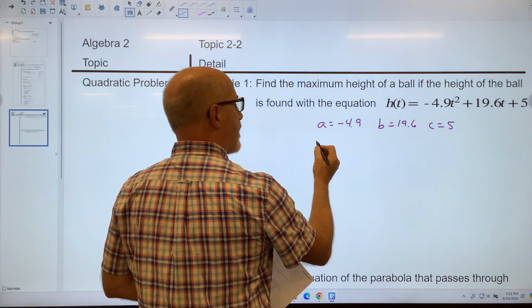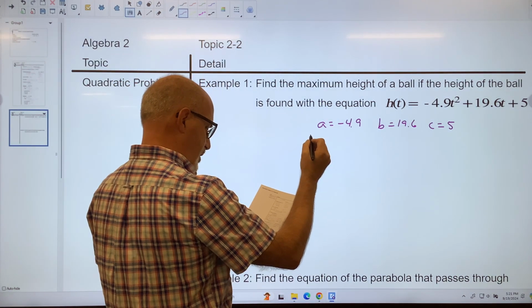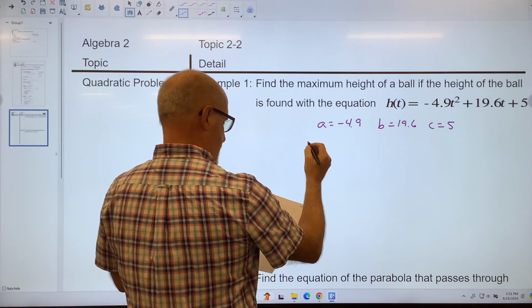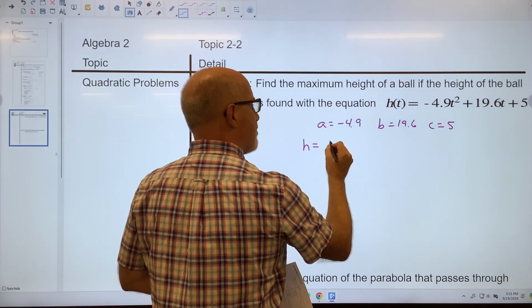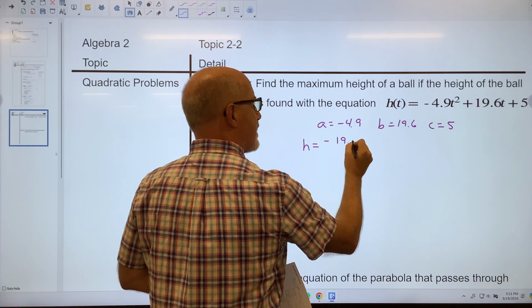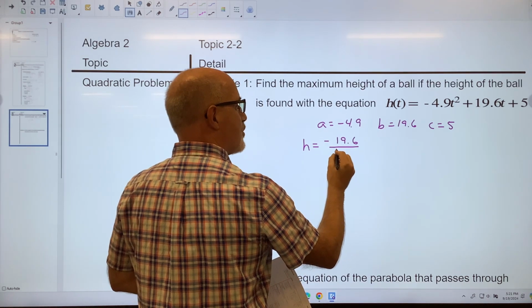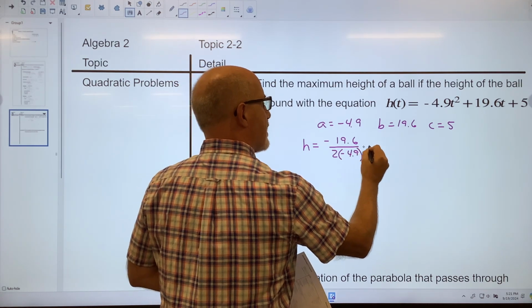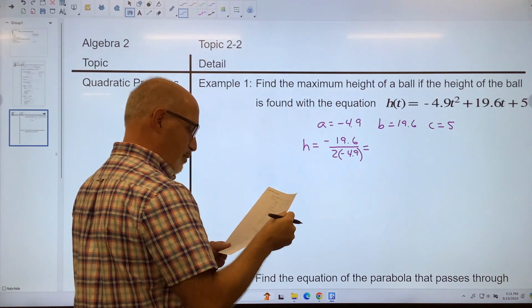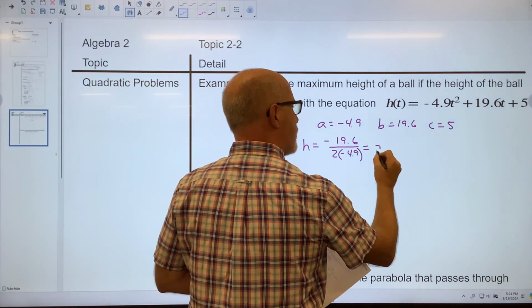But first of all, I'll find my t value at the vertex, which is the opposite of b over 2a, so negative 19.6 over 2 times negative 4.9. When I do that, I get 2.